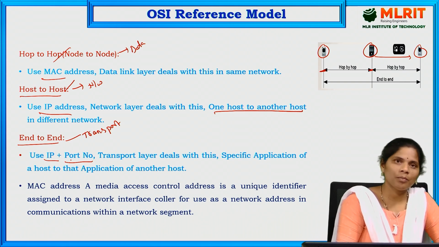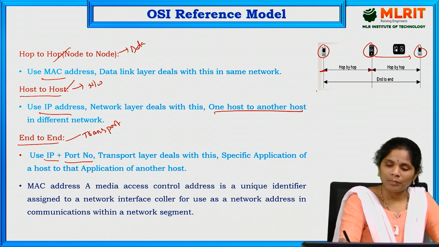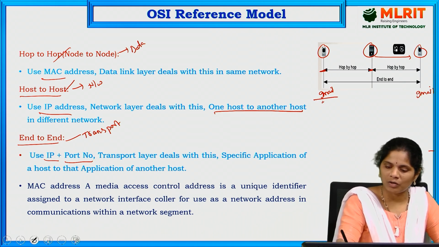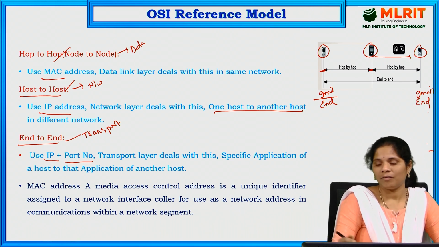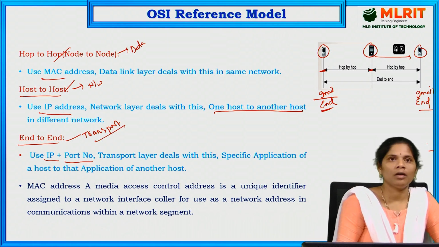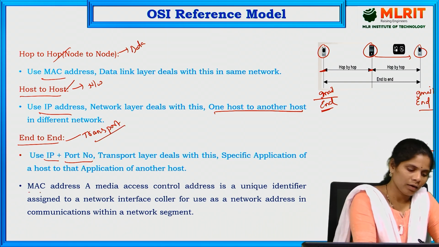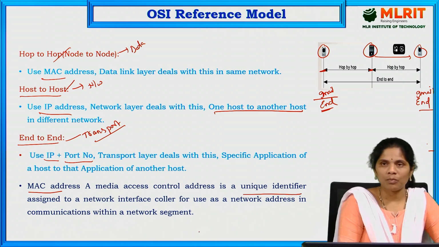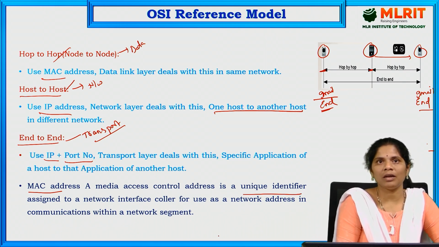IP plus port number is end to end: from your Gmail application end to the receiver's Gmail application end, how the data is transferred from this end to that end. That is the transport layer, end to end application. And the MAC address, I already told you, is a unique identifier for every device in the data link layer.